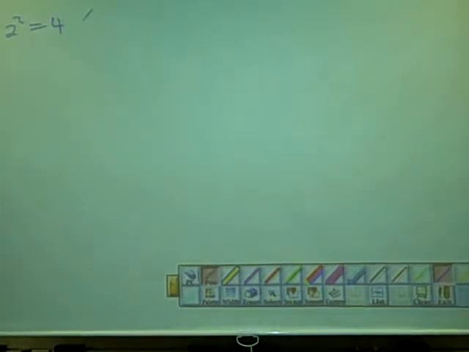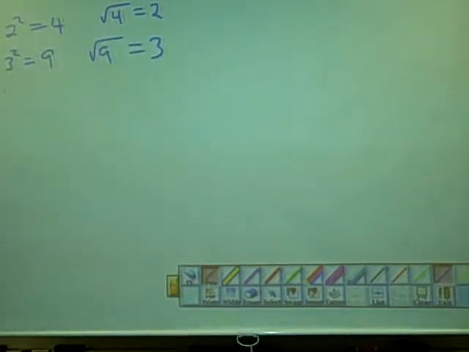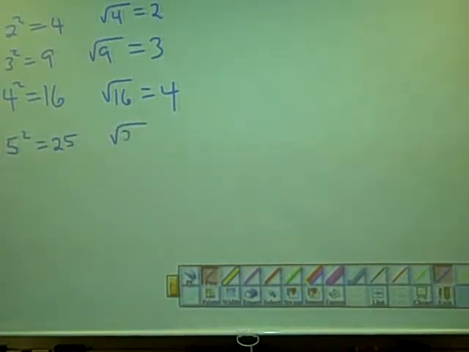It helps if you make a table for yourself, such as 2 squared equals 4, so therefore the square root of 4 equals 2. 3 squared equals 9, so the square root of 9, of course, is going to be 3. 4 squared, 16, so the square root of 16 is 4. 5 squared, 25, so the square root of 25 is 5, and so on.